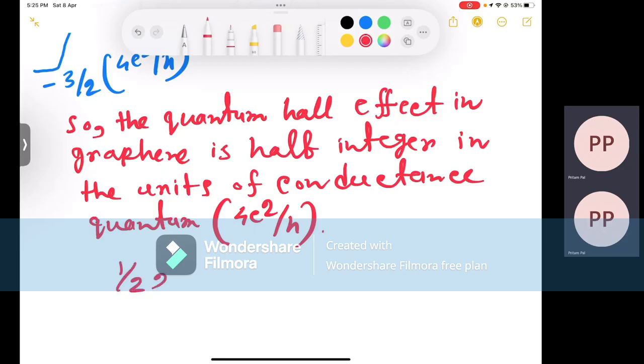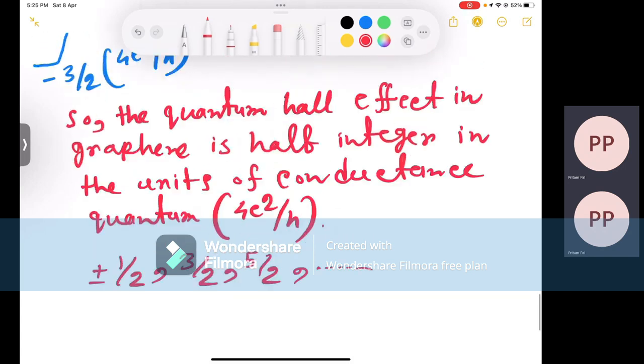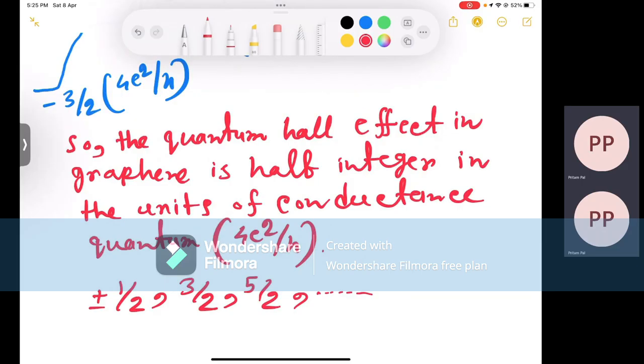It's like one half, 3 by 2, 5 by 2, and so on, always plus minus. So this is the thing. That's all about the quantum Hall effect in graphene.